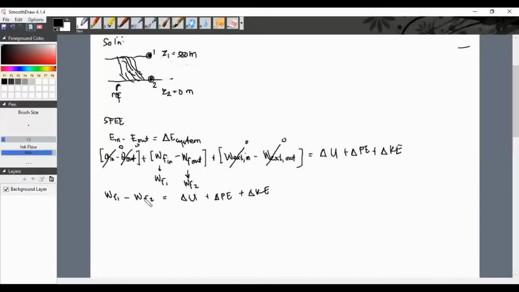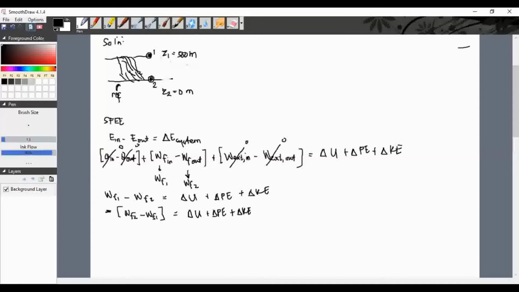I want flow work 2 to come first, so I factor out negative 1: negative times the quantity flow work 2 minus flow work 1 equals delta U plus delta PE plus delta KE.